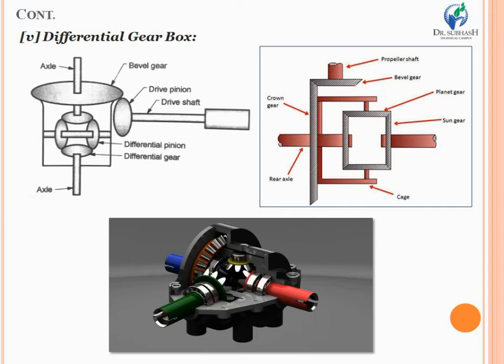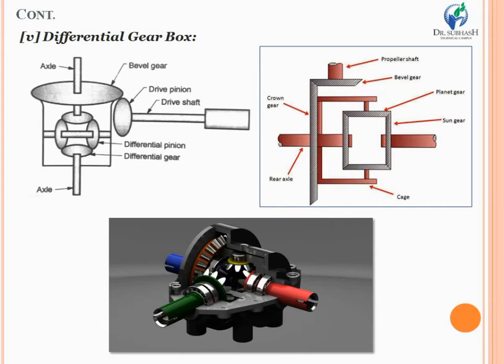In that way, suppose you are going on a curved path, or your vehicle is going to turn to the right or left hand side, the inner wheel gets a little less rotation as compared to the outer wheel, and this proportional velocity difference lets the outer and inner wheels cover the equal distance.